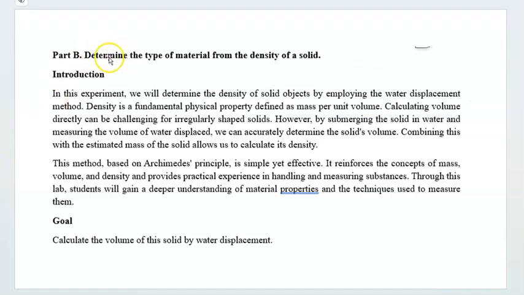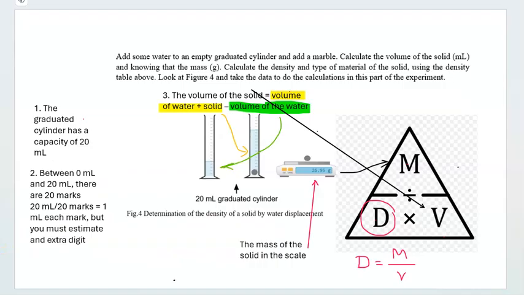Then in part B, you're going to see what is the density of a solid using water displacement. What is water displacement? Well, first you put some amount of water in the graduated cylinder, and after that you introduce the solid. As you can see, the volume rises. The difference between this volume and this volume is the volume of the solid.